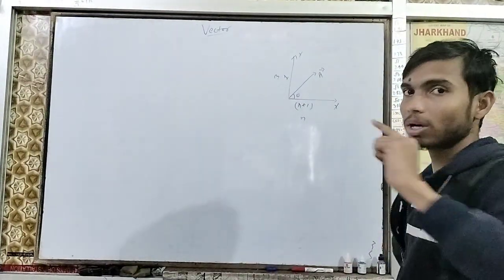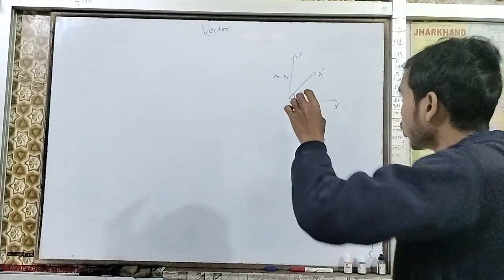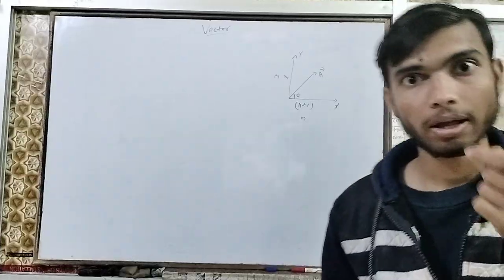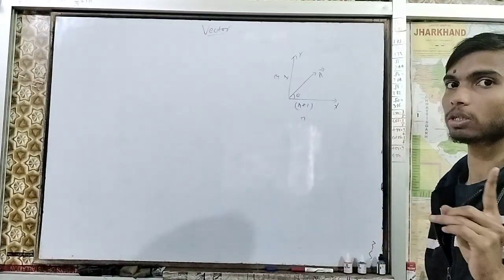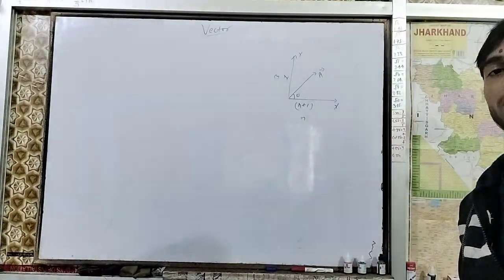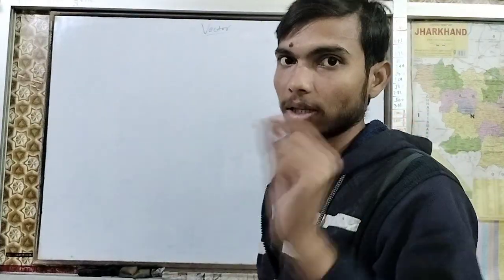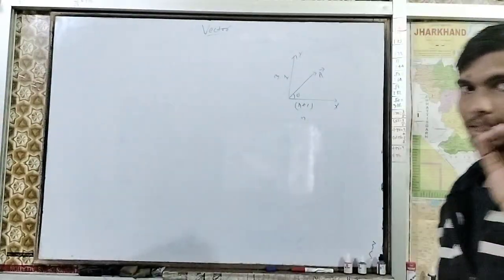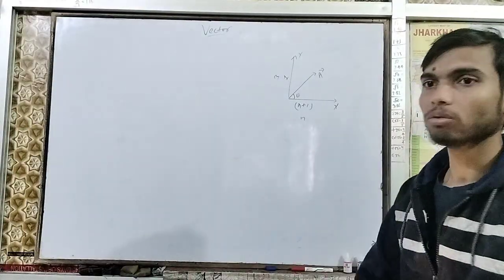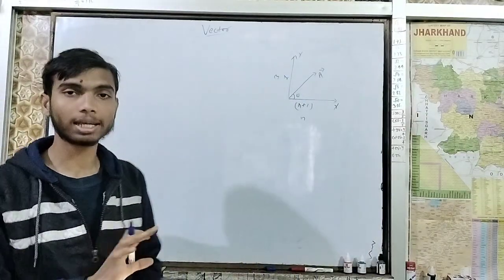In that case, what will change? The component along x is becoming n, initially it was n plus 1, and the other component, which was initially 1, now became 3. That is the question. It is asking for the value of n, nothing else.